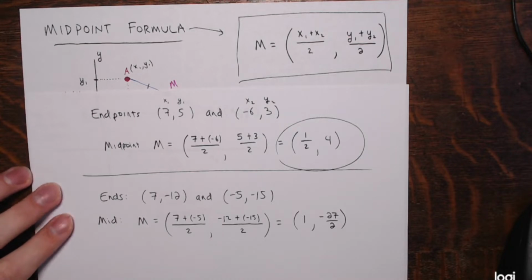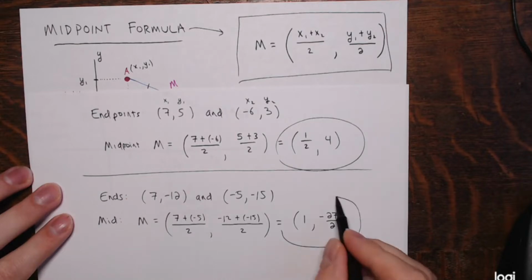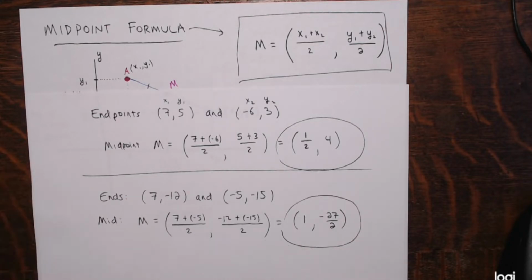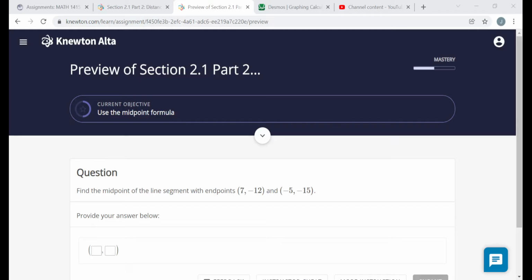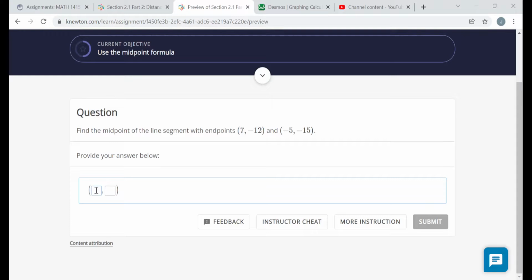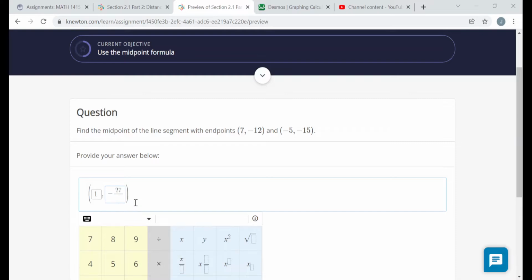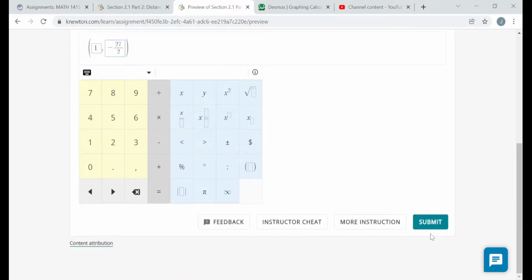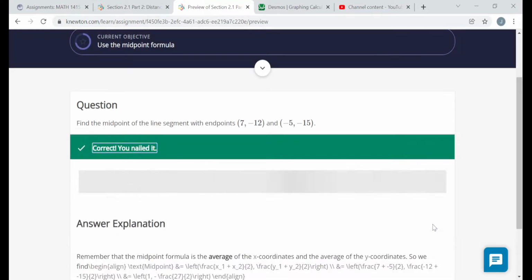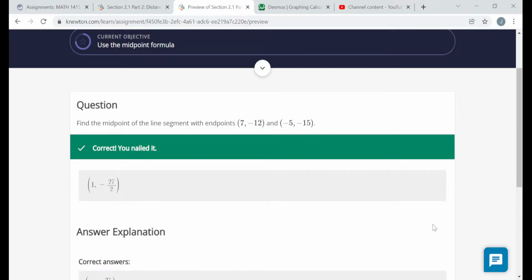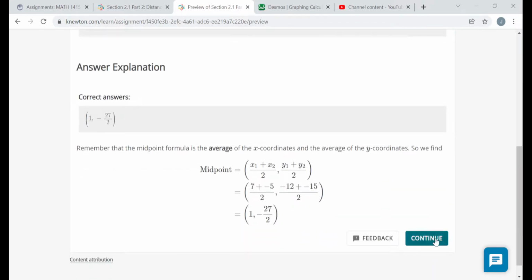That'd be negative 13.5, same thing, but that's as simple as that fraction's getting. And again, we're just entering the coordinates. The x-coordinate is 1, the y-coordinate is negative 27 divided by 2. Negative 27 halves. Hooray. All right. Next.